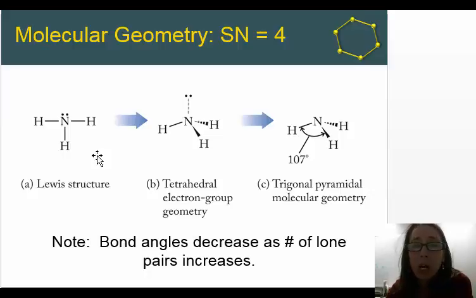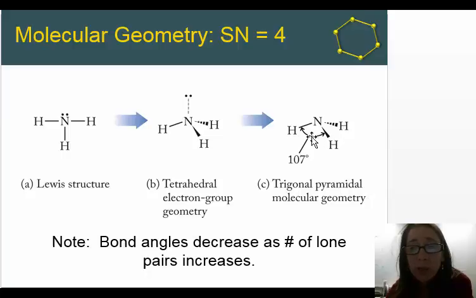However, the molecular geometry will not be tetrahedral because I don't have 4 atoms bonded to my central atom. I only have 3. So when we have a steric number of 4 and 1 lone pair, the geometry of our molecule is known as trigonal pyramid.